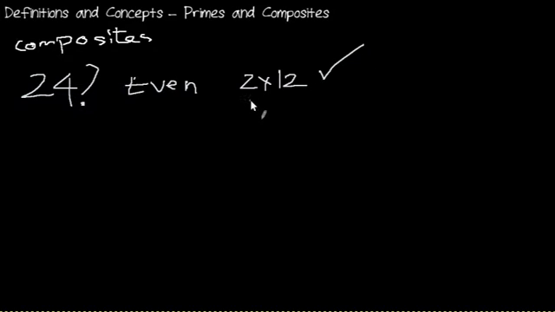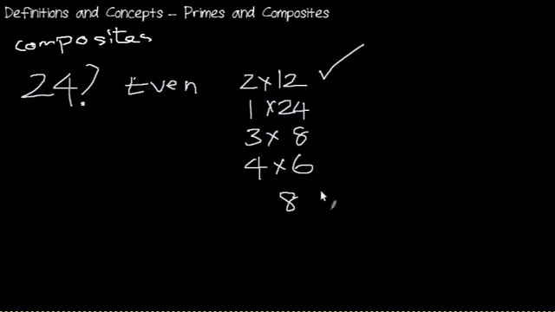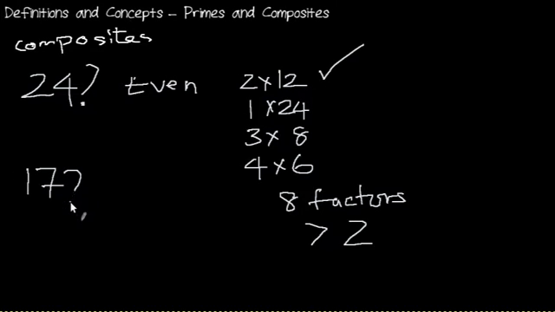Other factors though: 1 times 24, so we know that there are at least 4 factors, and in fact you could also have 3 times 8 and 4 times 6. So altogether, in fact, we have 8 factors. So indeed, it is composite, because 8 factors is greater than 2.